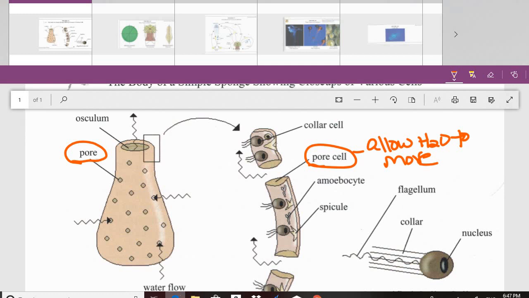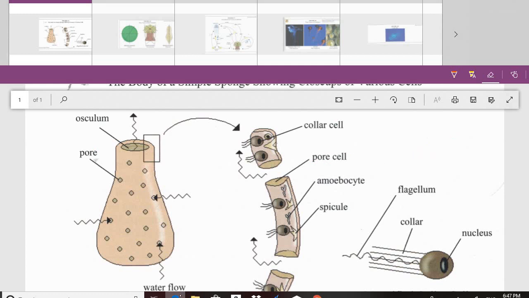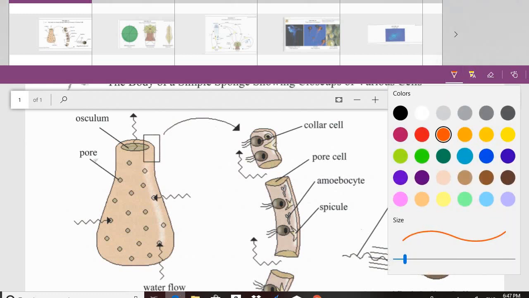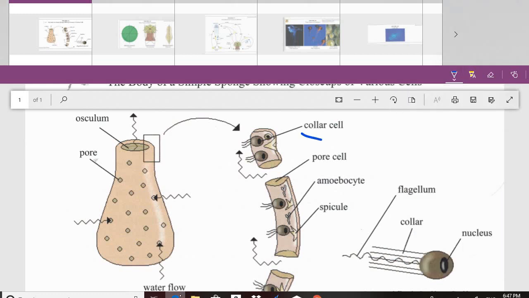Another type of specialized cell, let's go ahead and erase this. Another type of specialized cell is called the collar cell. We'll make that one blue. So here's the collar cell. And these cells, as you can see here, they have flagellum.